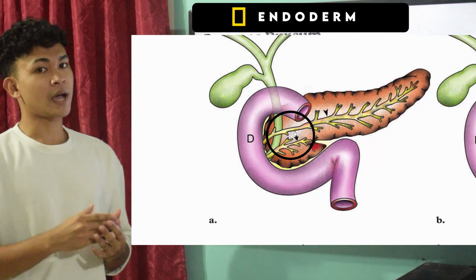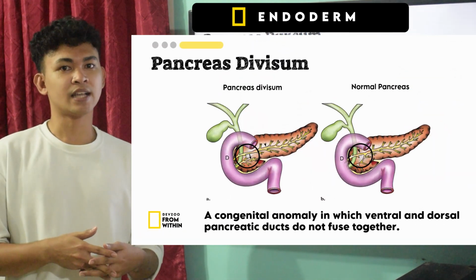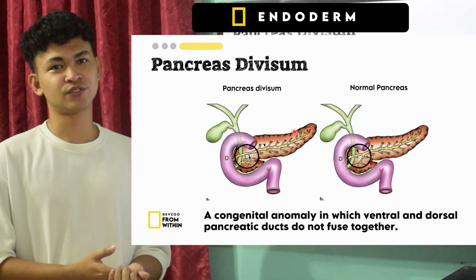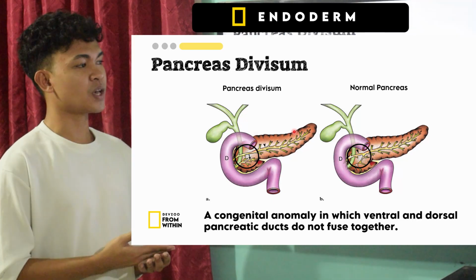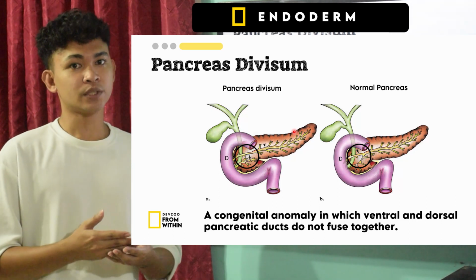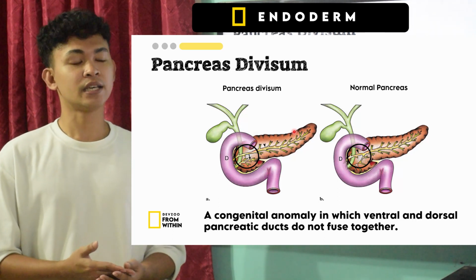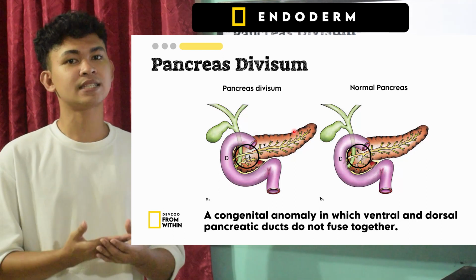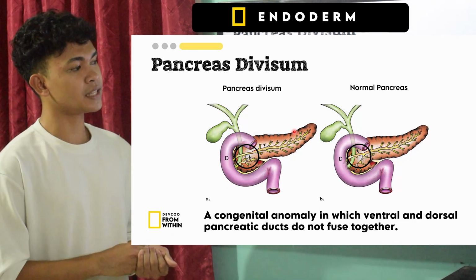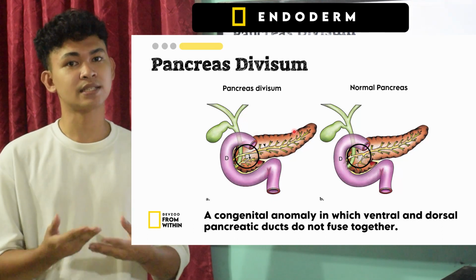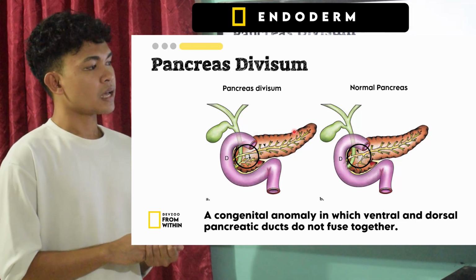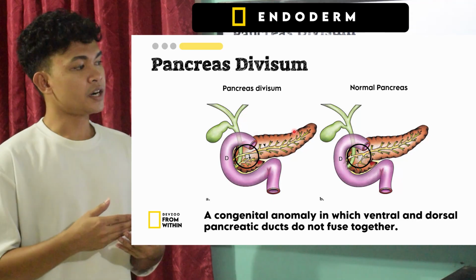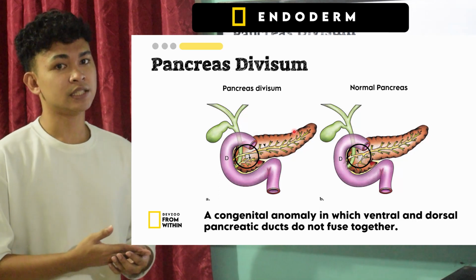As we all know, the pancreas secretes pancreatic enzymes which help in the digestion of food. An example of a pancreatic enzyme is lipase, which works with the bile, which breaks down the fats. Another example is amylase, which breaks down the carbohydrates, and protease, which breaks down the proteins. 70% of the pancreatic enzymes are drained by the ventral duct.